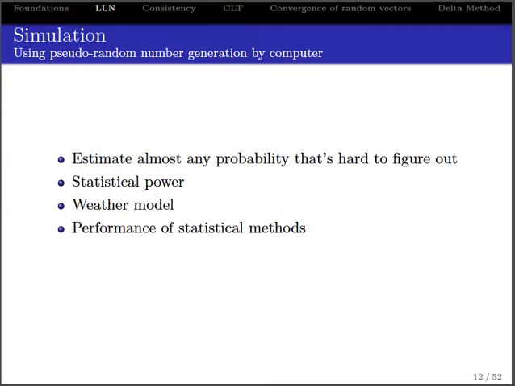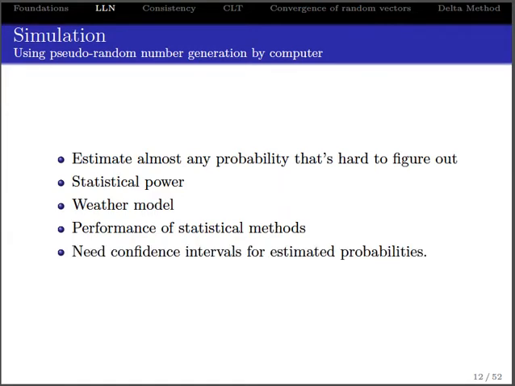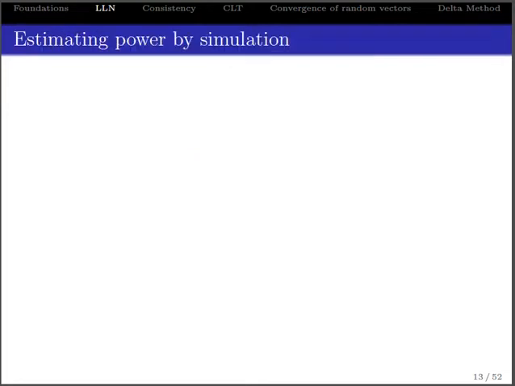Performance of statistical methods can be investigated this way. And of course, whenever you do this, you need confidence intervals for the estimated probabilities, so that you get not only an estimate of a probability, but a confidence interval around it to give you an idea of how much uncertainty there is in the estimate.